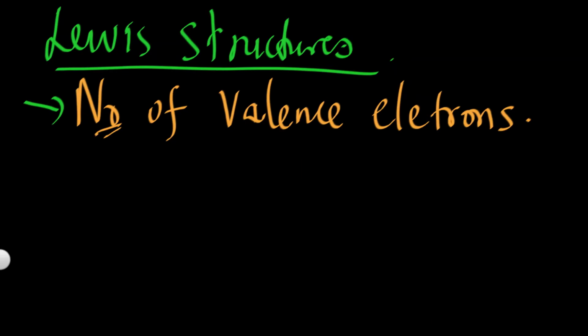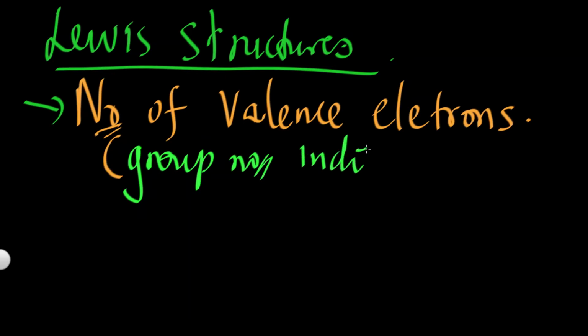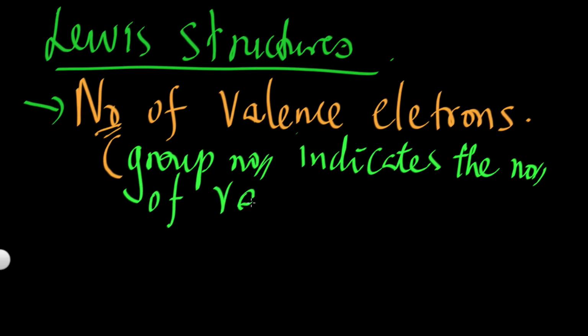And here, how do we know the number of valence electrons? We rely on the group number. The group number indicates the number of valence electrons. Simple.